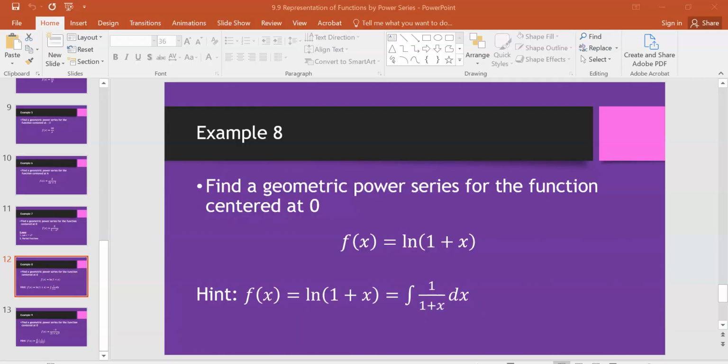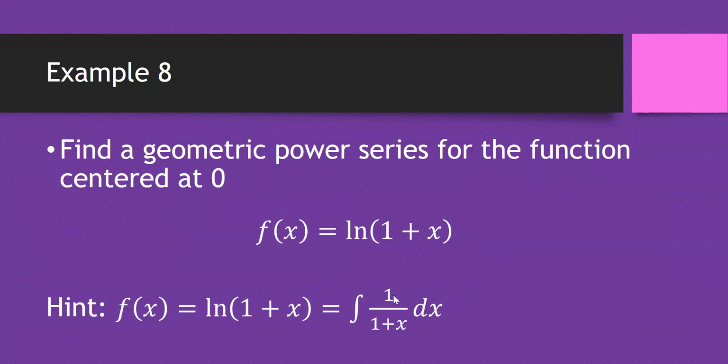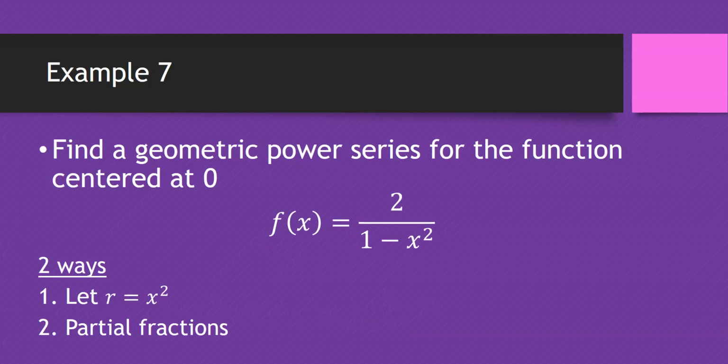So that's a clever algebraic trick as well, and that goes back to what we did in the last section, section 9.8, when we talked about integrating and the radius of convergence staying the same, except for possibly the endpoints. So those are some algebraic tricks.